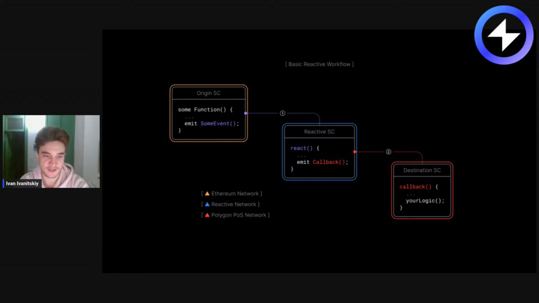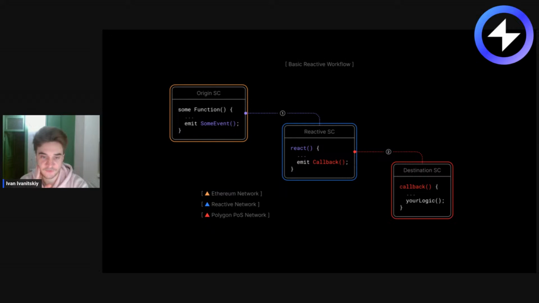As a result of the execution of the logic that you specify in your Reactive Smart Contract, it emits the callback. Callback is a keyword in Reactive. It means that we actually call the function on the destination smart contract. Here, the function is red, and the callback event is red, which represents that we are basically calling this function here.